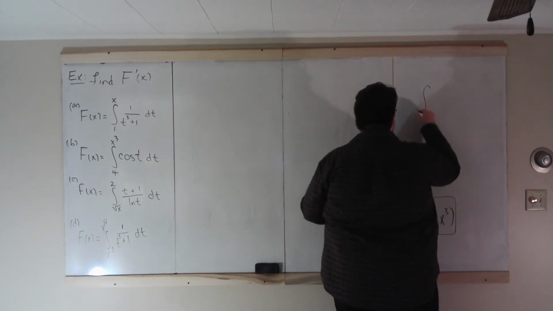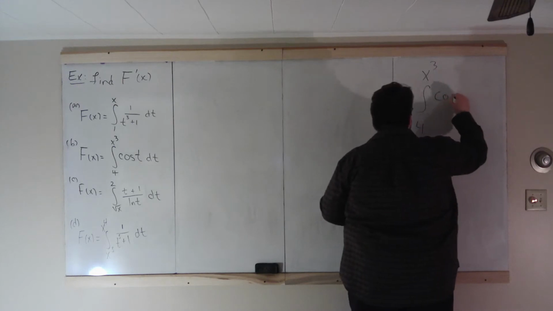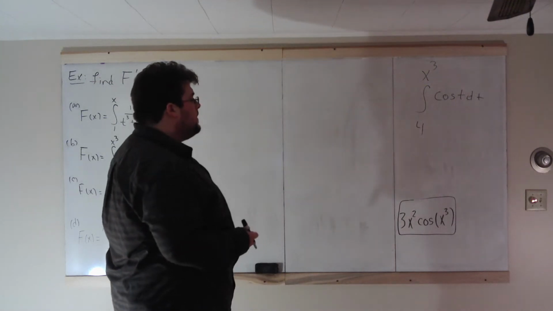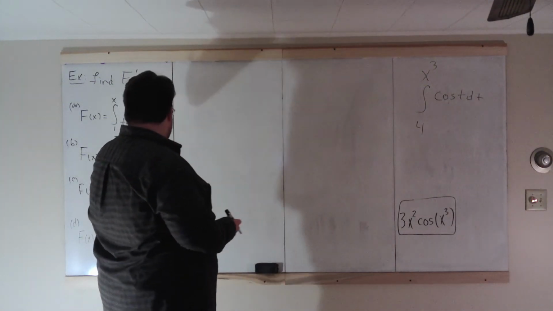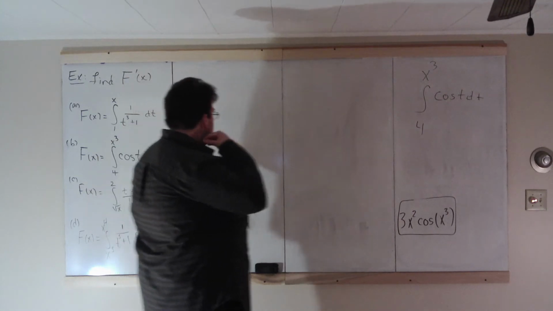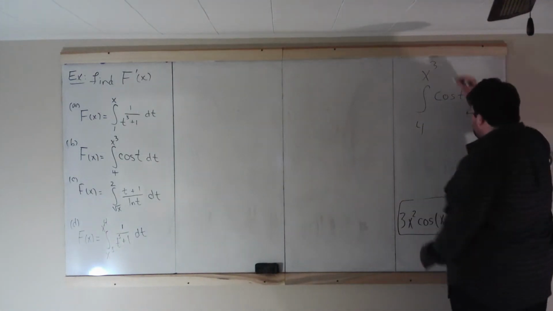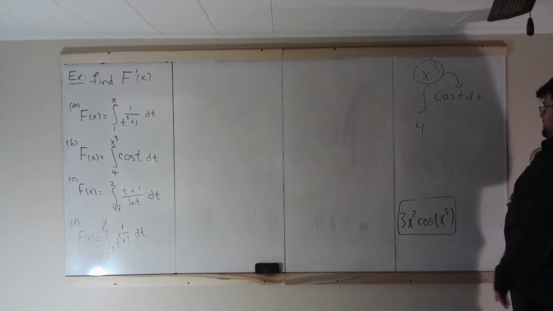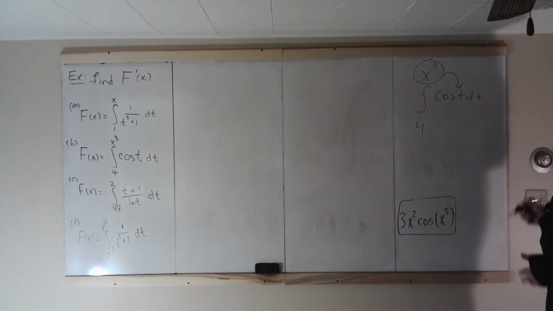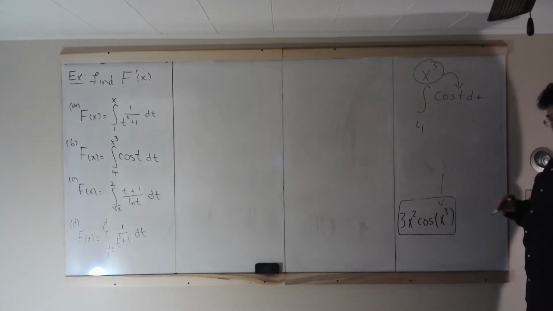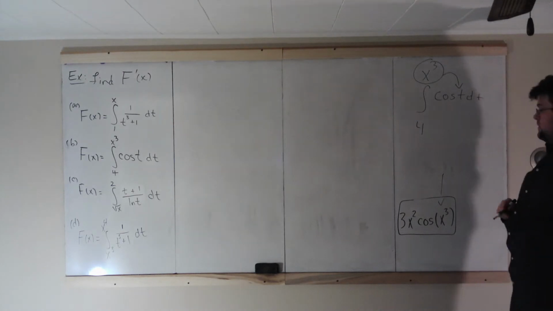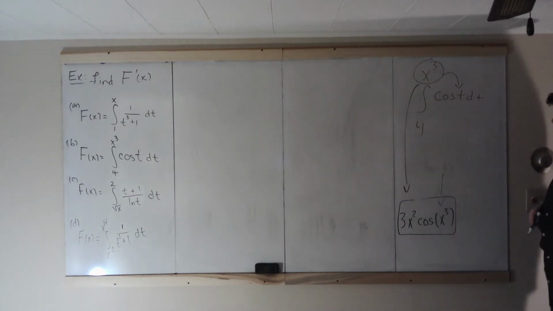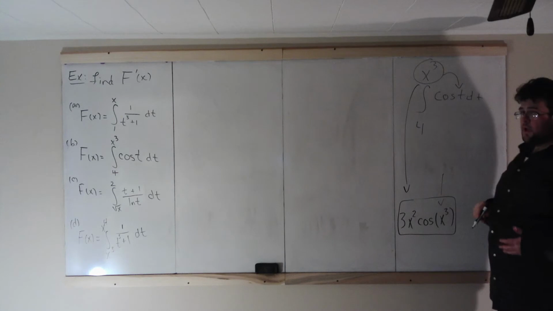The original function: integral from 1 to x cubed of cosine t dt. So here, the first part of the fundamental theorem of calculus, as we saw in part A, and as we saw after the u substitution, resulted in substituting that in for t. So we can do that here. But also, if that is more than just an x, you would apply chain rule by multiplying by its derivative.